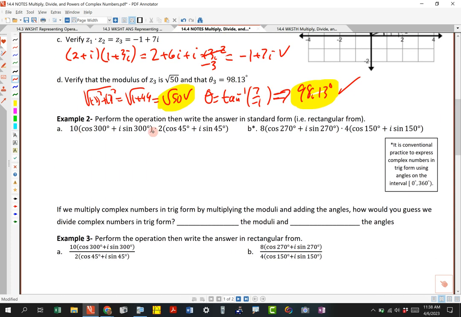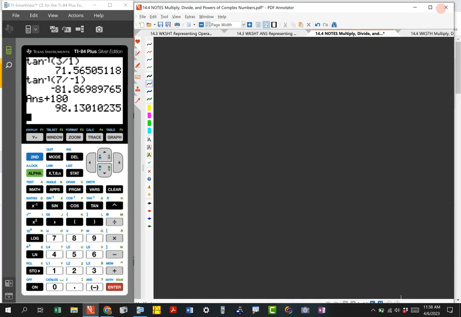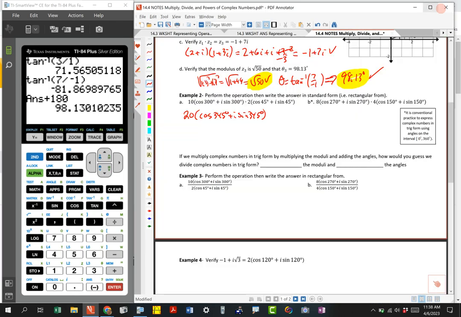We're going to take the two moduli and multiply them together, and we get 20. Then we write cosine of, and we add the two angles together. So this is going to be 345 plus i sine 345. If we could just leave this in this format, you'd be done, but it wants us to change it into rectangular form. So I'm going to grab the calculator and shrink this down so we can do this really quickly.